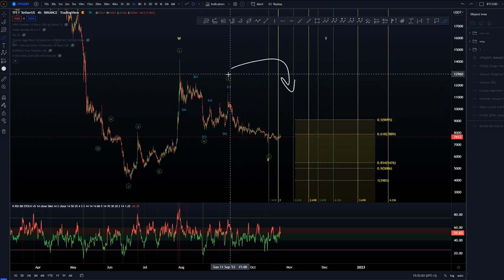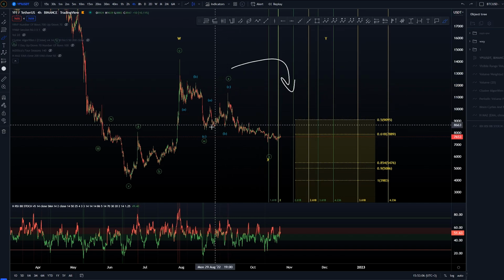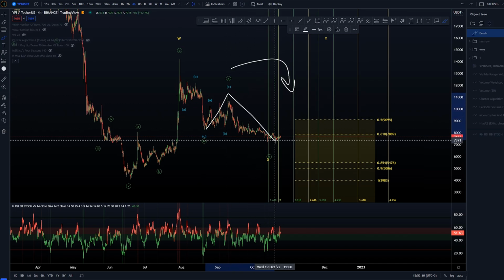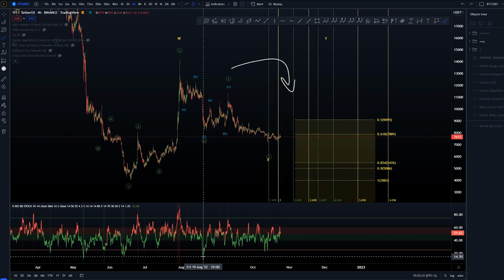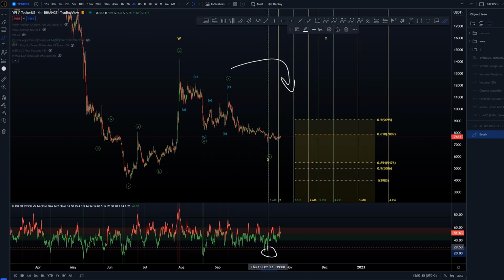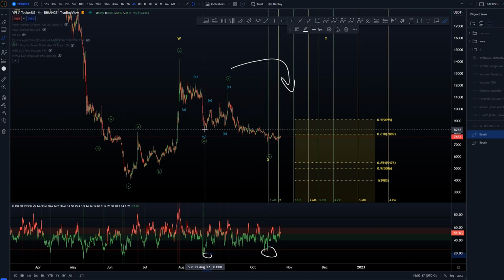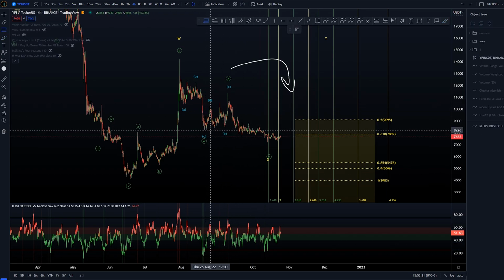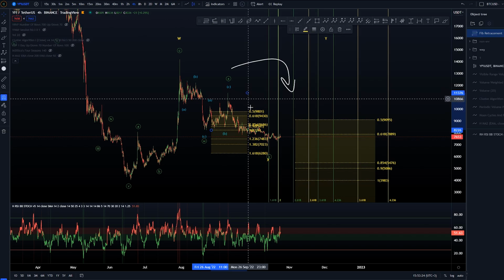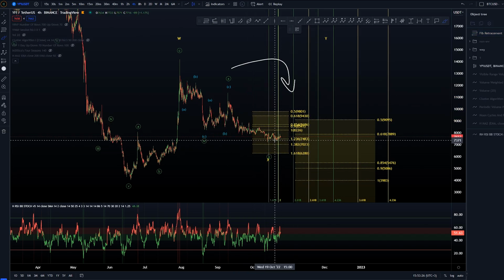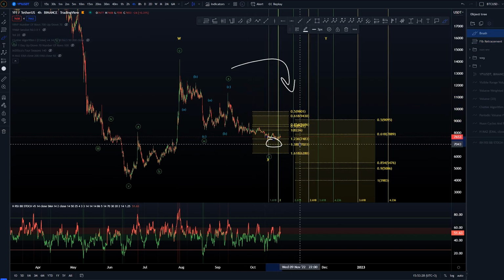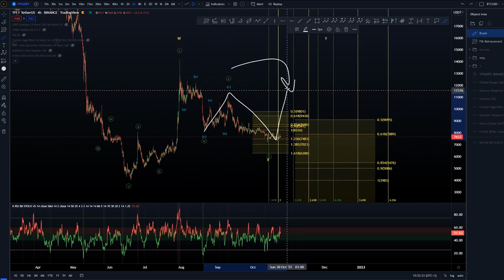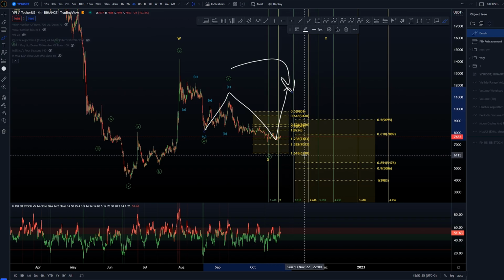Now the other possibility is that instead of wave X being up in here, we would create this as the first leg of that X wave, second leg and third leg. Why am I even saying that? Is because again, we did not take out the RSI low that we had from the start of that wave X. Generally, when we are creating the expanded flats, we are getting right to the 1.236 to 1.382 retracement level of this original move here, and then we would be creating another 5-wave move push up higher.